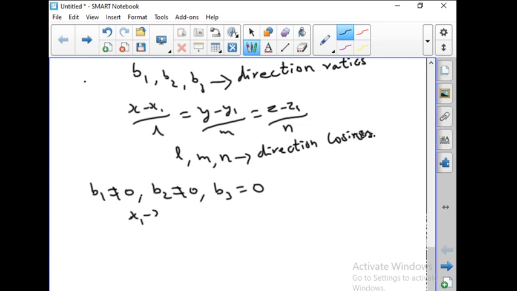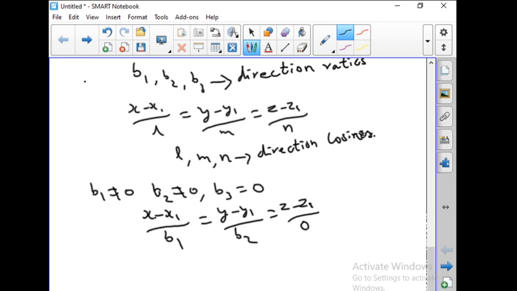x minus x1 by b1 is equal to y minus y1 by b2 is equal to z minus z1 by 0. So, it means that the numerator is 0.